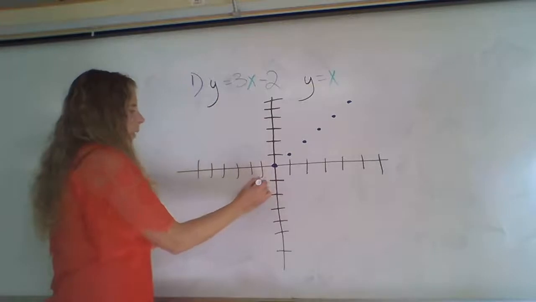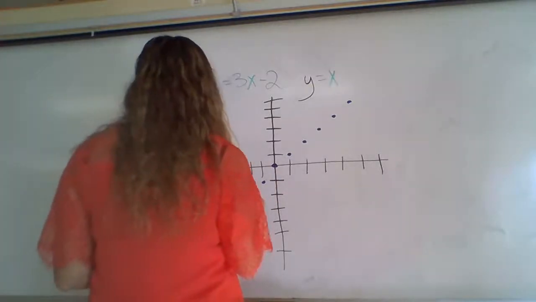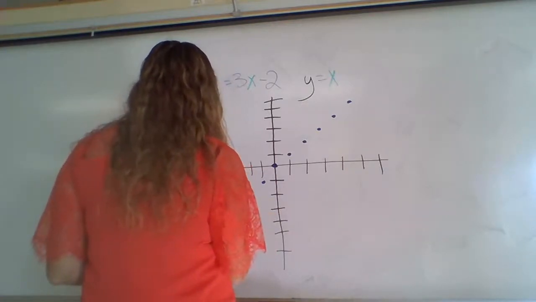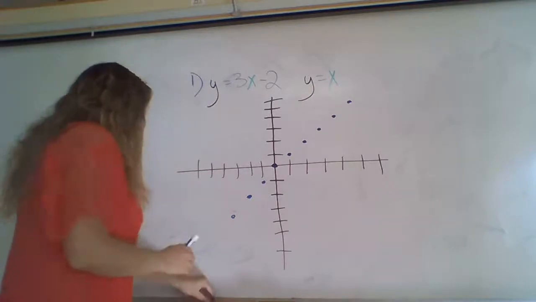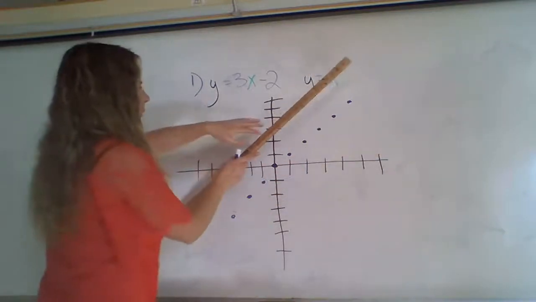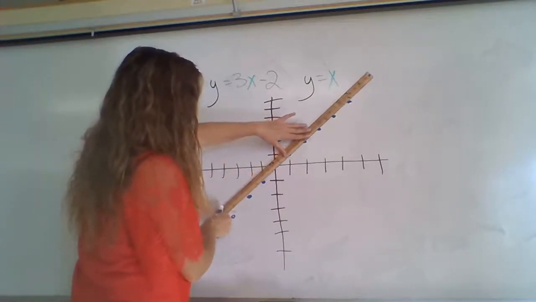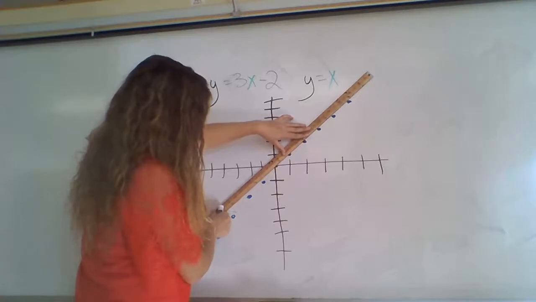Same thing going this way. X is negative 1, so is y. Negative 2. This is where we start to get not straight. Negative 2, negative 3, negative 3, and so on. Let me draw my line. Make sure it goes through there.